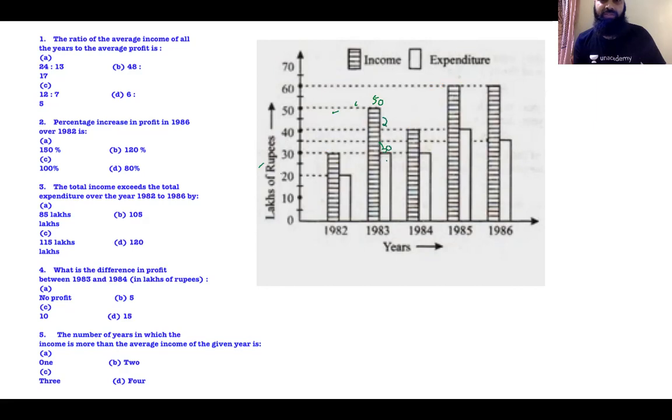So the difference is 20. Then 84, it is 40, 30. So the difference is 10.